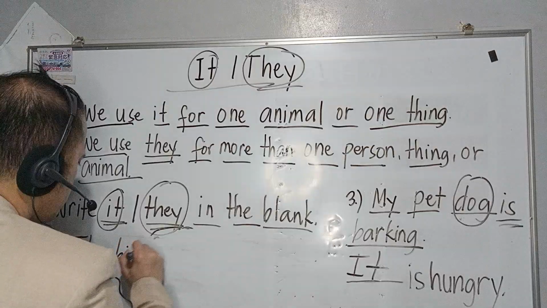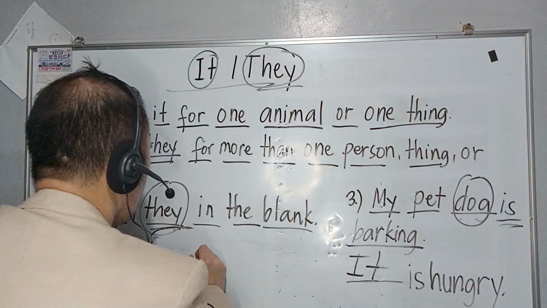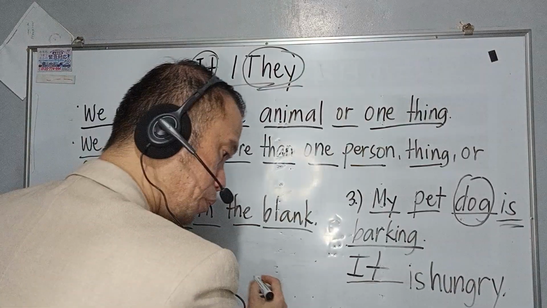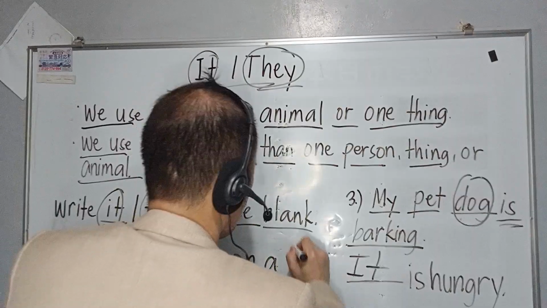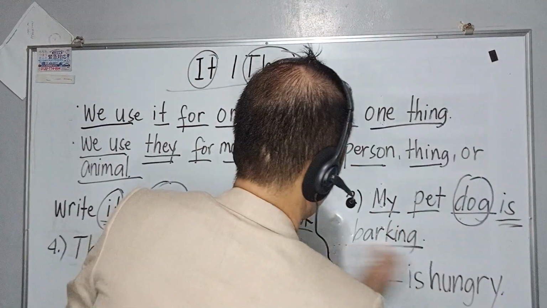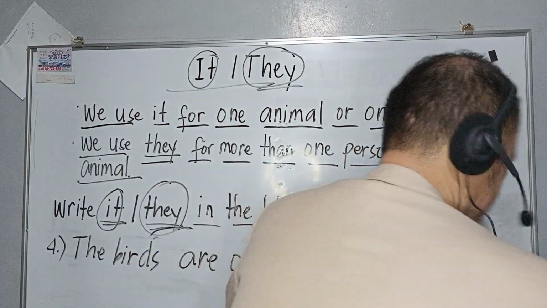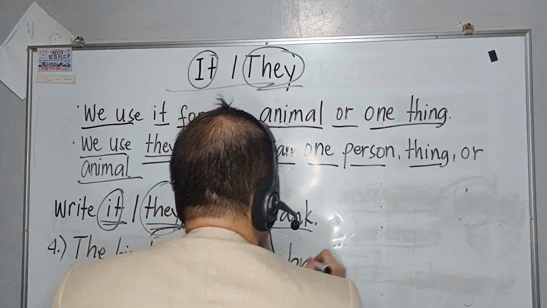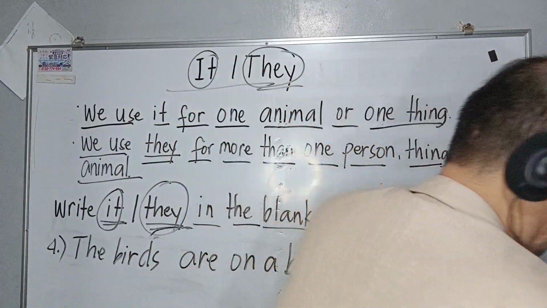The birds are upon a branch. Okay, that was number 4.